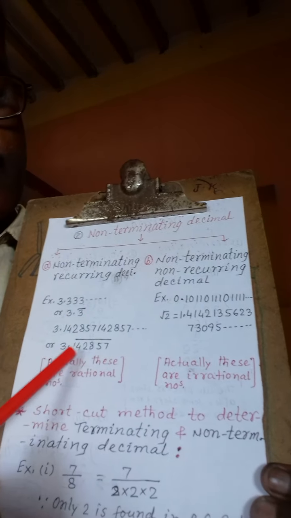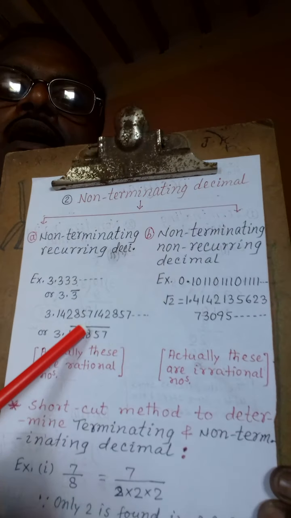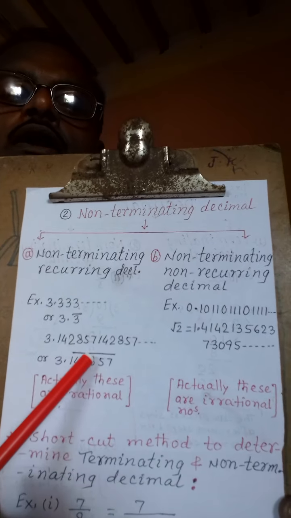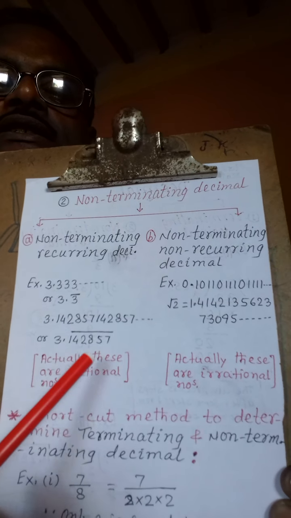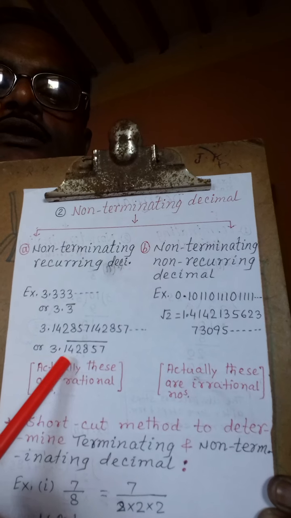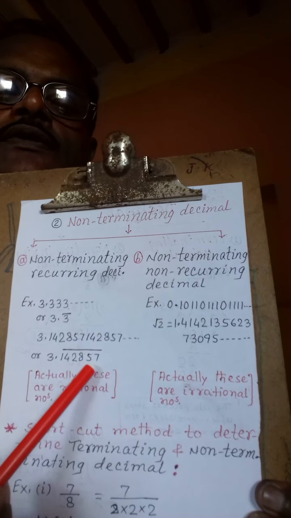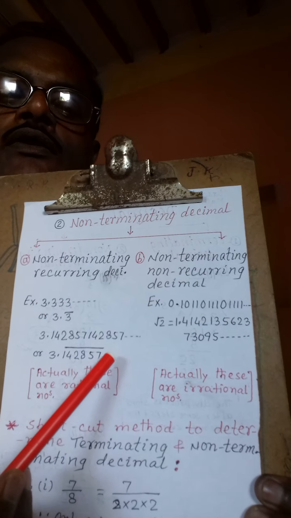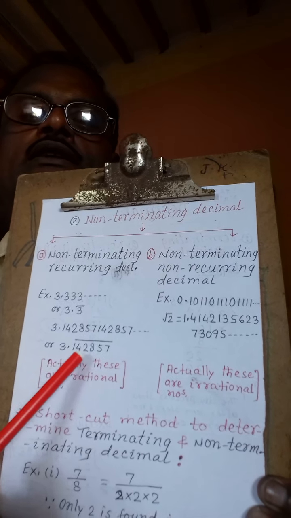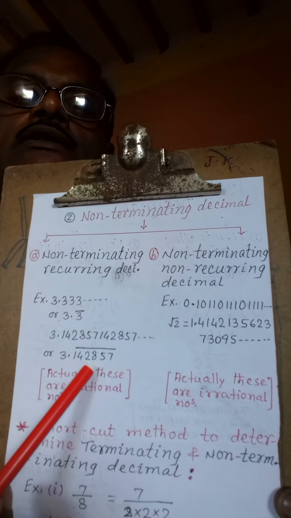Now the second example is 3.142857142857. You are watching a group of 6 digits repeats here, and that is 142857, and so it is also a non-terminating repeating decimal.